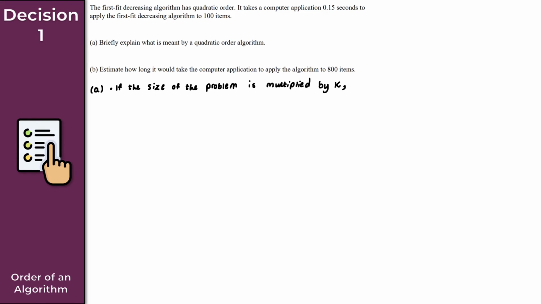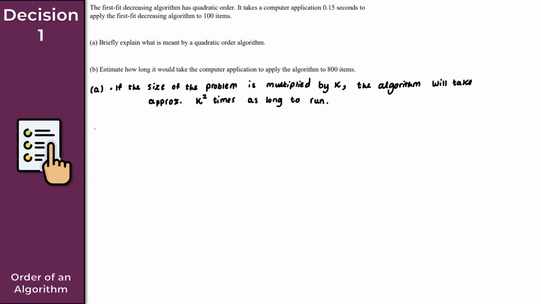And if we had a linear order algorithm, then it would take approximately k times as long to run, right? So, because it's quadratic order here, the algorithm will take approximately k squared times as long to run. Okay. And there we have it then. So that's all we need there for part A. Hopefully nice and straightforward there just to get us started.